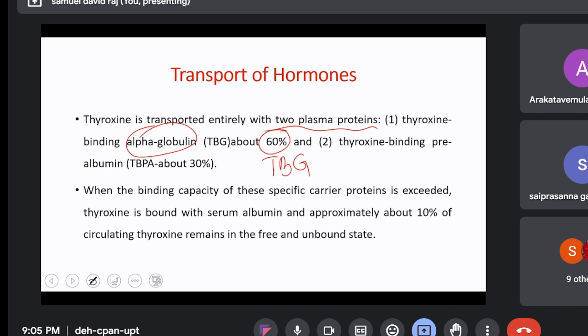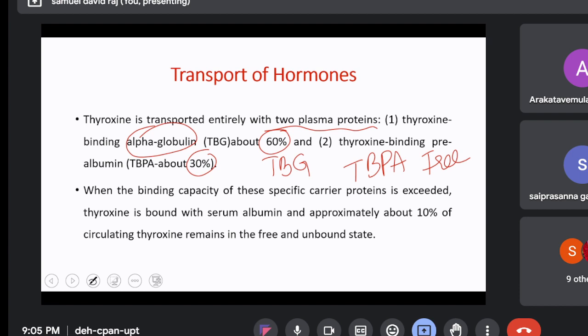And the second one is thyroxine binding prealbumin, TBG and TBPA. TBPA constitutes 30%. Then what about the remaining 10%? The remaining 10% is free thyroxine, that means thyroxine not bound to any protein, called the free form.